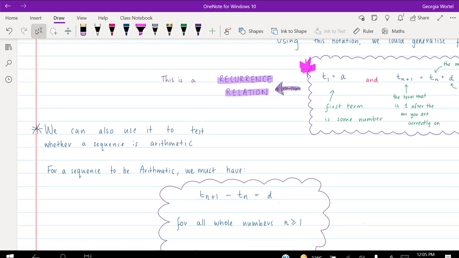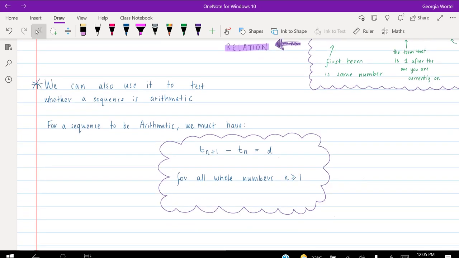We can use the recurrence relation to test whether a sequence is arithmetic. So you might get a question that says, here's a sequence, is it arithmetic? You can use that recurrence relation to tell me whether the sequence in front of you is arithmetic. And it really is just kind of a rearrangement of the relation.